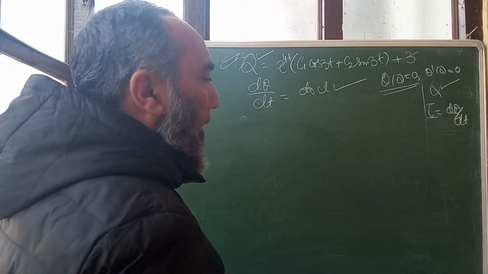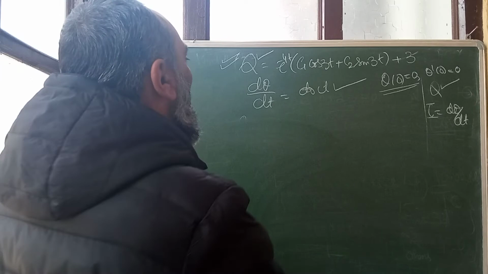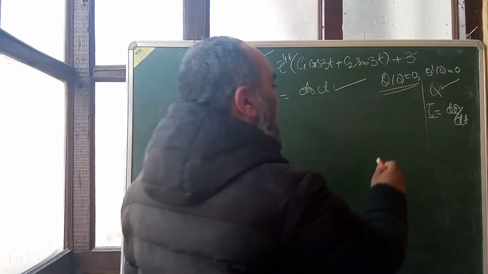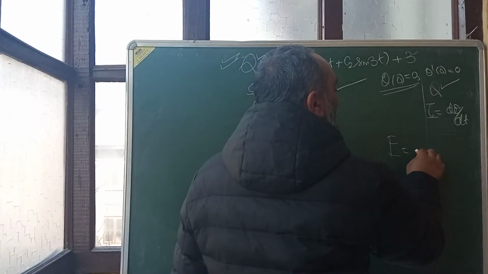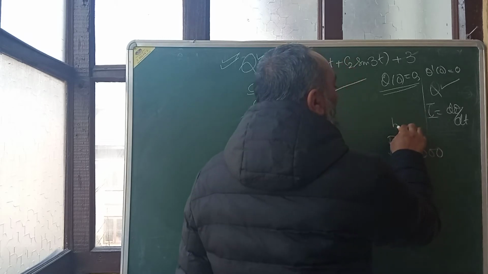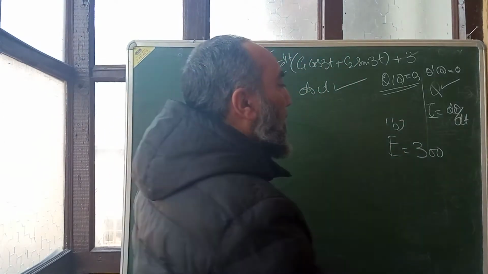Okay. Now, let me take up this question only. And the electromotive force E is equal to 300 sine 3t. This is part B of this question.